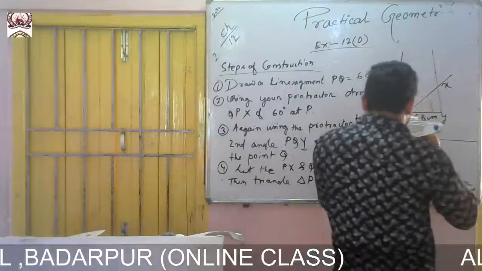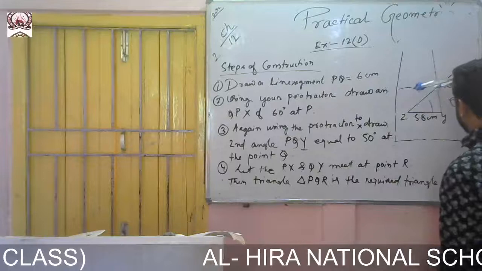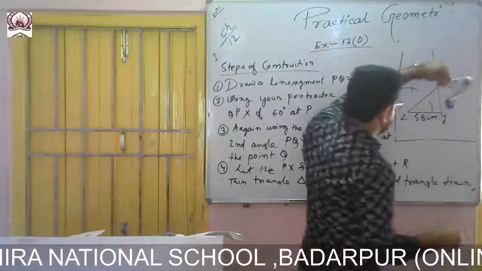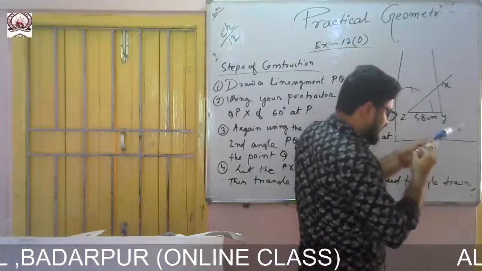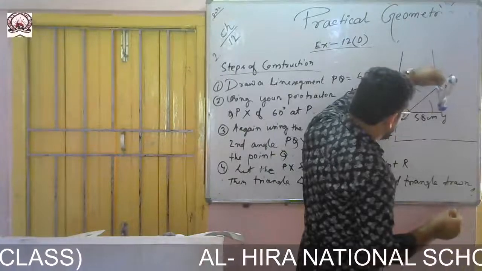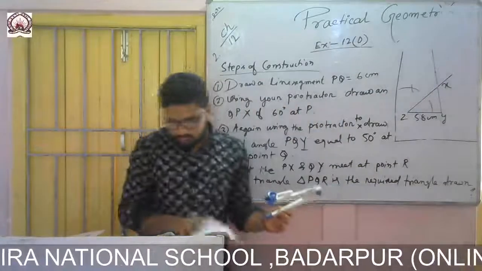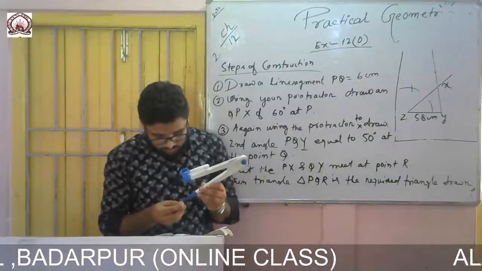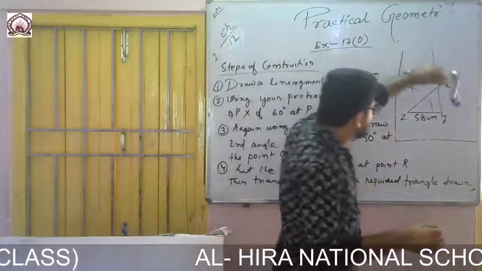Then without changing the distance, again placing at this intersection point, cut this. By placing here, just cut this.